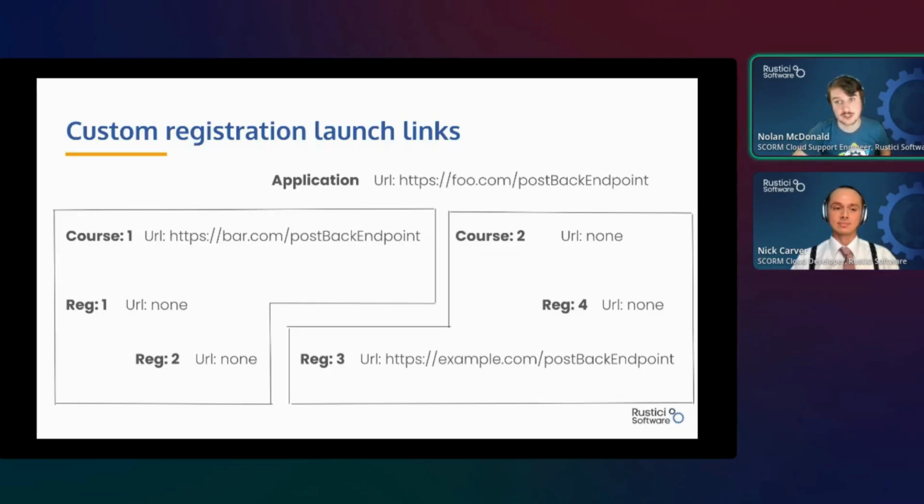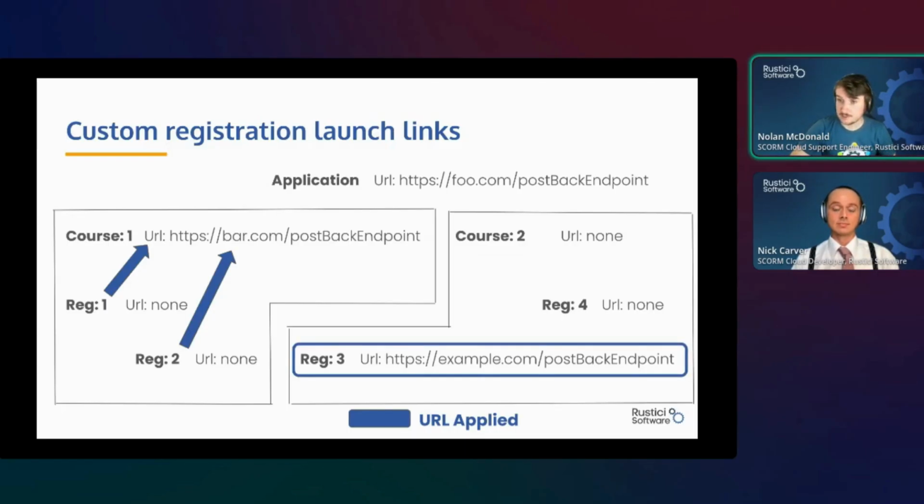Course 2 doesn't have a postback configured, but one of the registrations does. So if you were to launch registration 1, because the registration doesn't have a postback URL, it's going to take the value from course 1. Registration 2, it's the same deal. It also doesn't have a postback URL. So again, it's going to look up the hierarchy, and it's going to use that setting value at course 1.